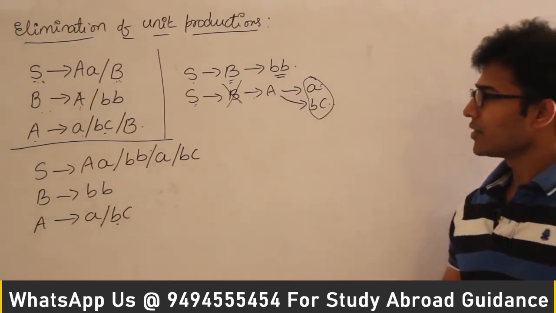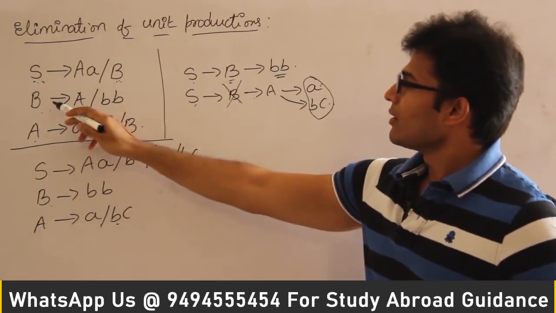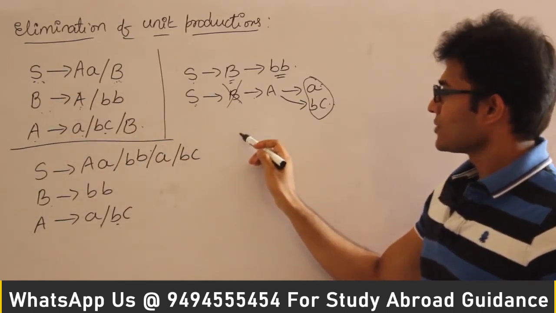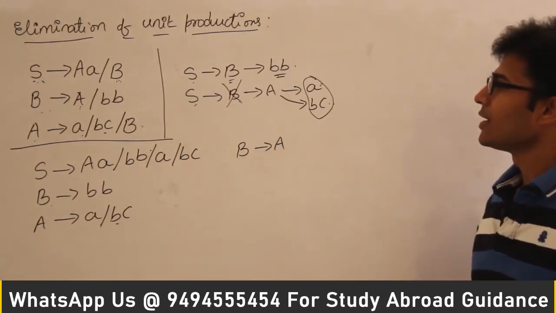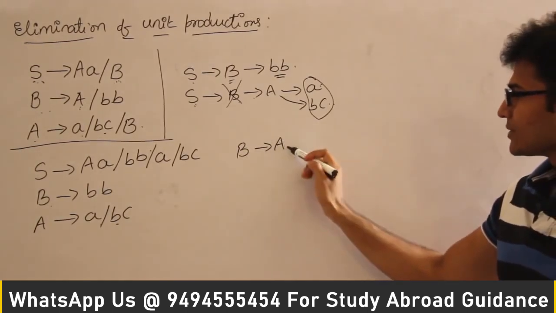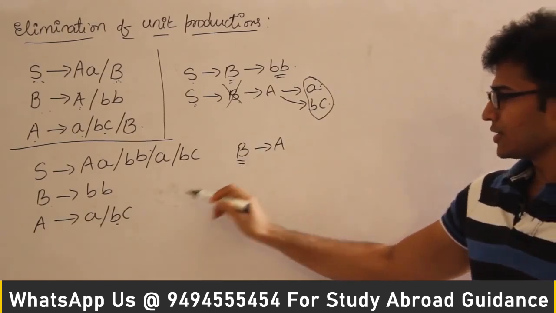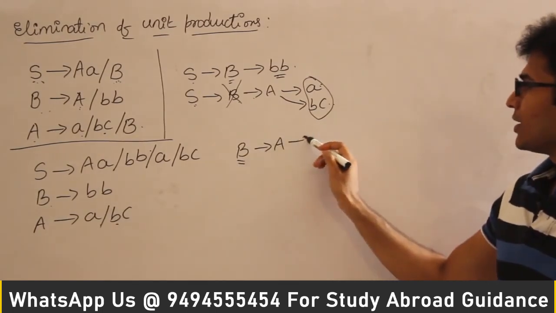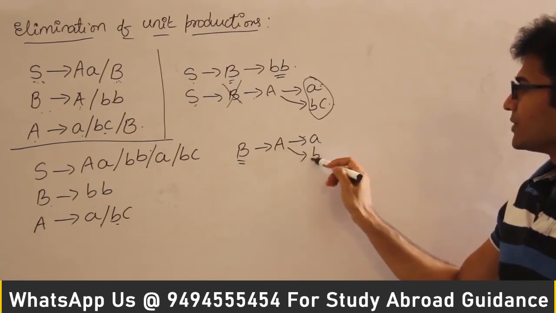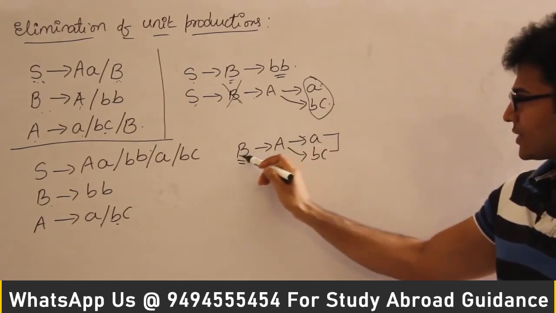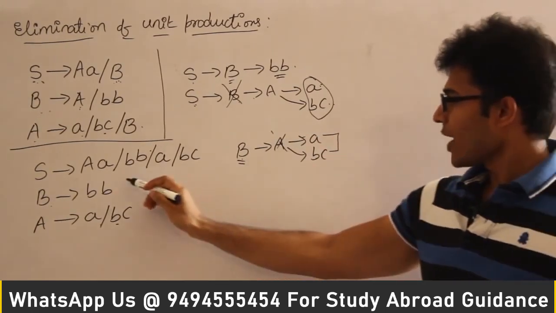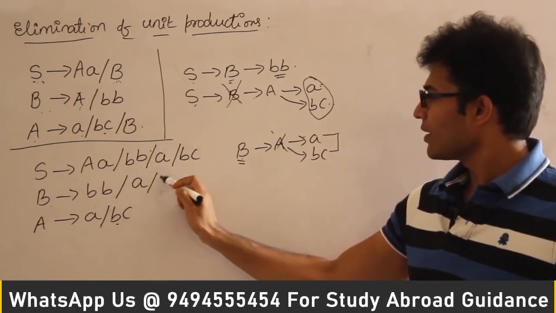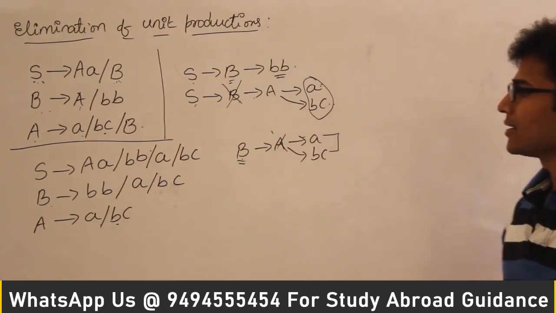Right. Next one, this one B. What are the unit productions for B? One unit production is B derives A, right? If I delete this, what B is missing out is A could generate small a or BC. These two are the chances that B might miss out if I delete A. Therefore, you add those two productions, which means a and BC, right?